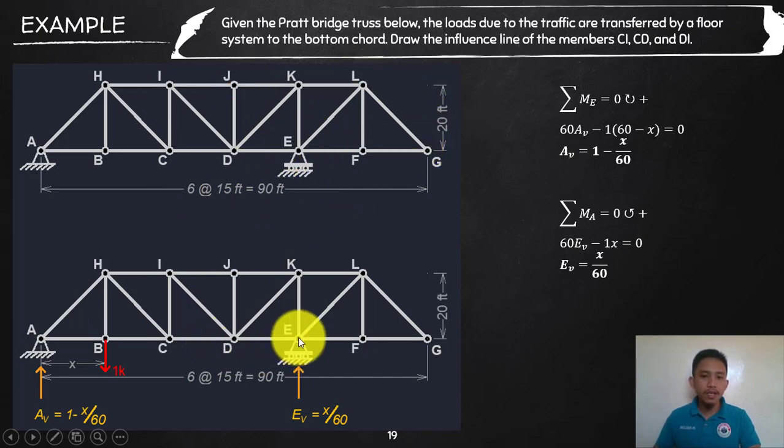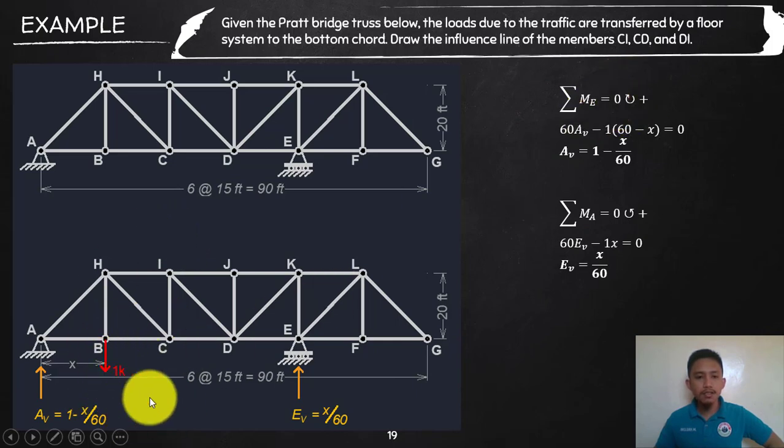If you take a moment at E, from A there are 4 panels, and that is 15, so 4 times 15 is 60. So the moment arm of our AB is 60, so that will be 60 AB, positive, since that is our assumption of clockwise positive.